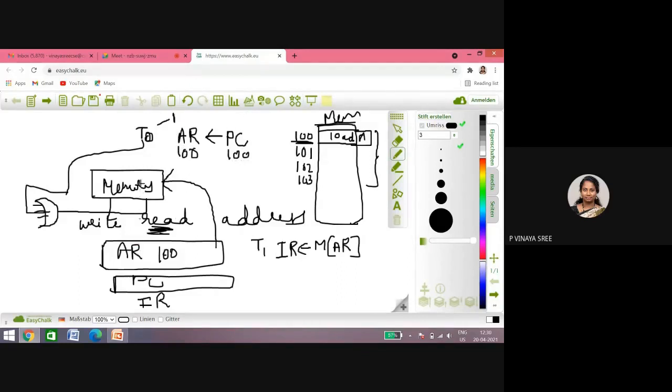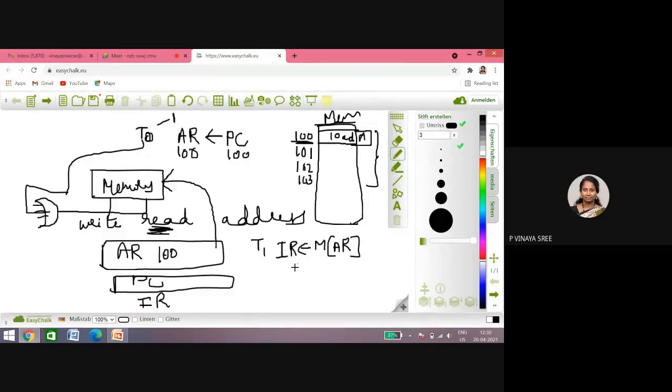Next, the address register communicates with the memory. In order to go to that address and read the instruction, this read signal should be high. So we used an OR gate, and whatever instruction is present in that address, we place in the instruction register.